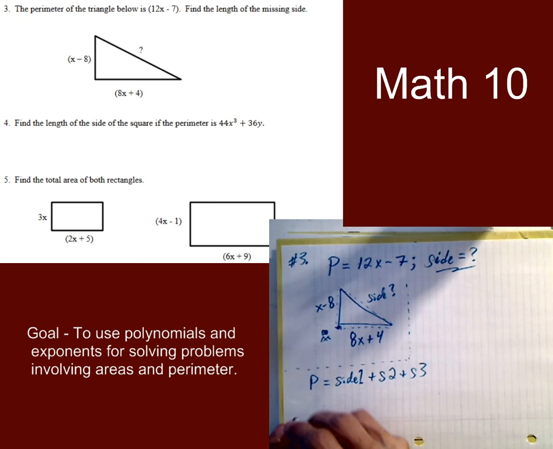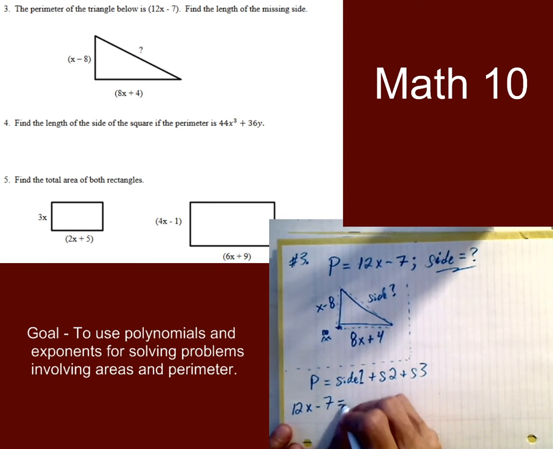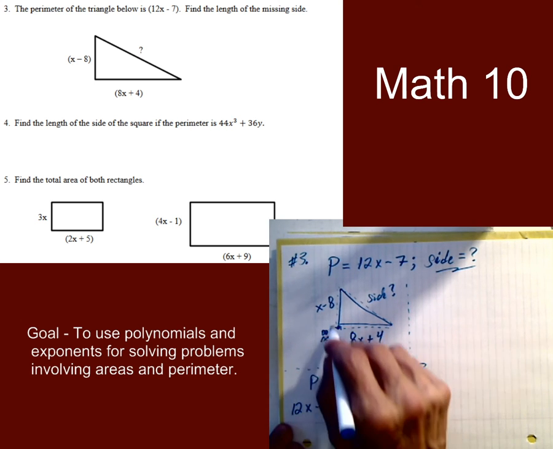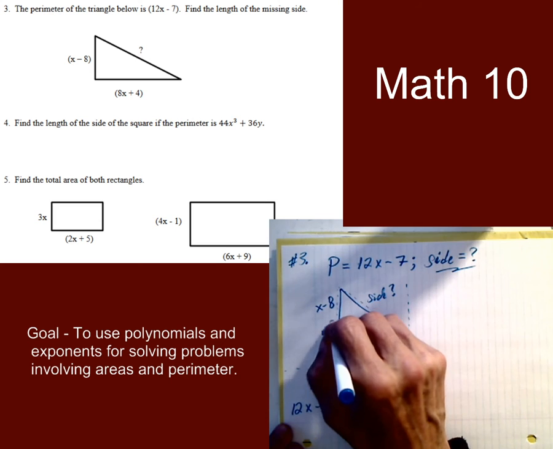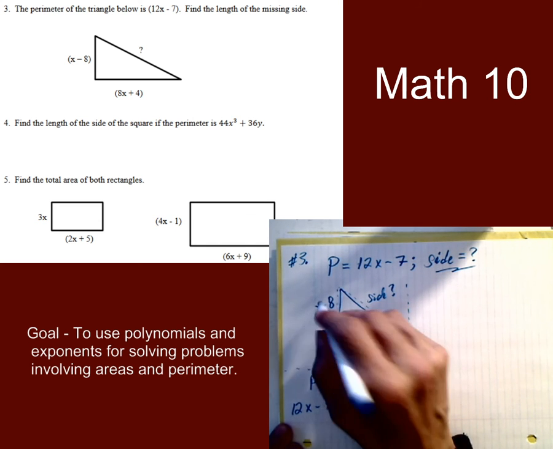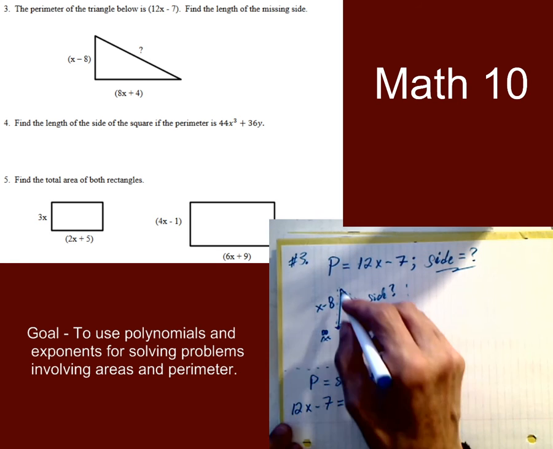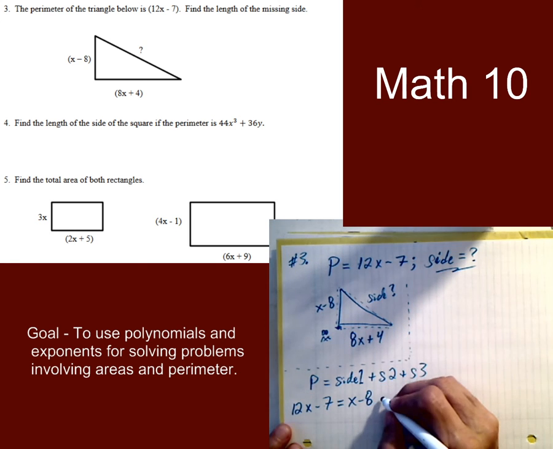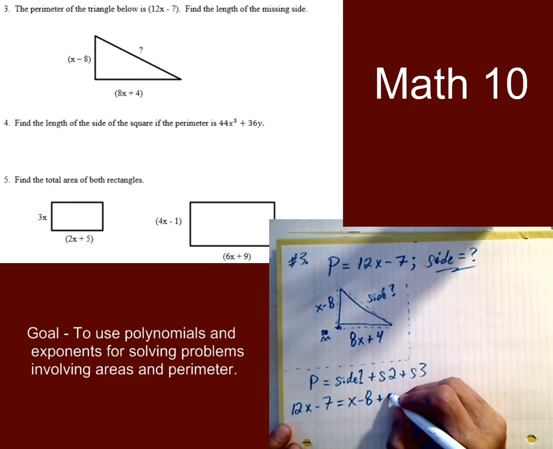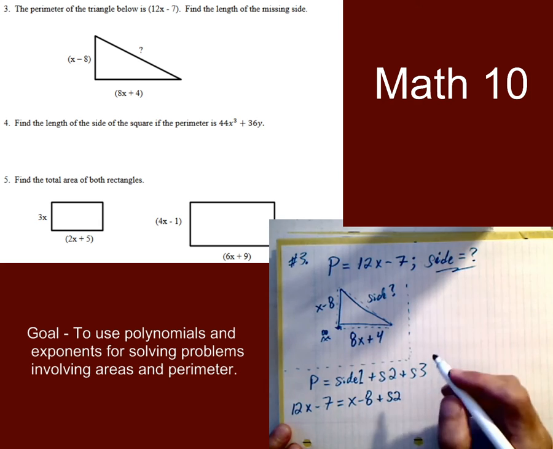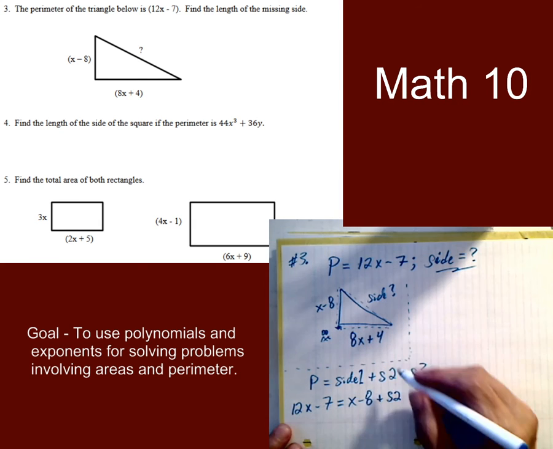So we are given the perimeter is 12x minus 7. We are given that one of the sides is our first side, it could be the first side that we walked, x minus 8. We then have this side, so we can call our mystery side S2. And then we go from here back to there.